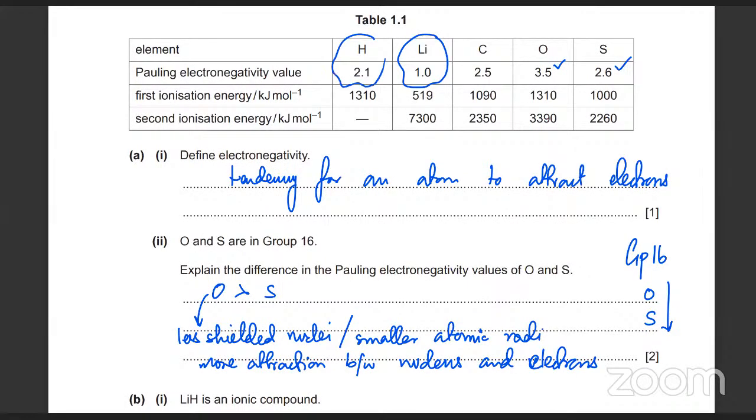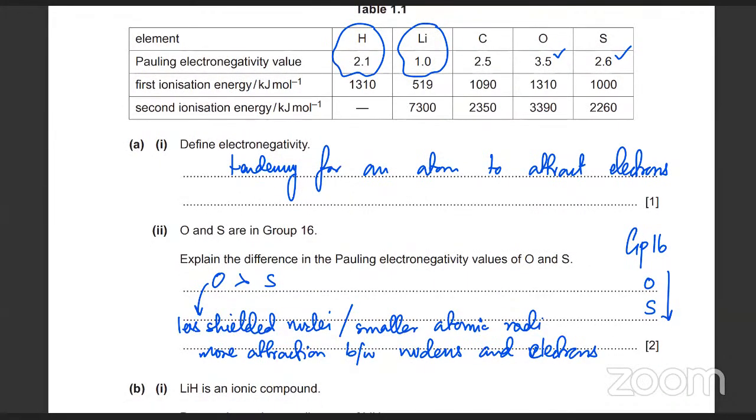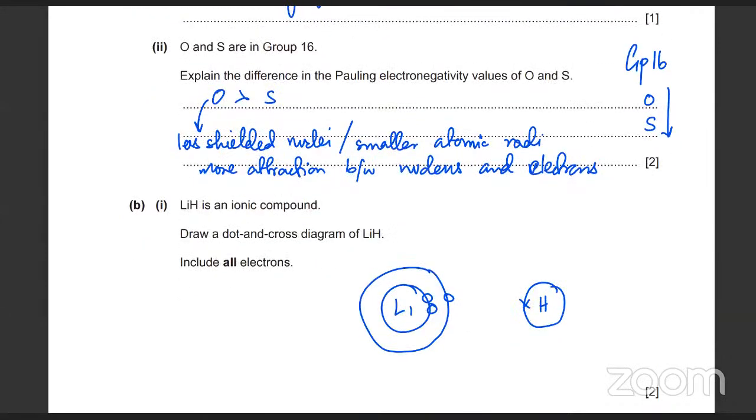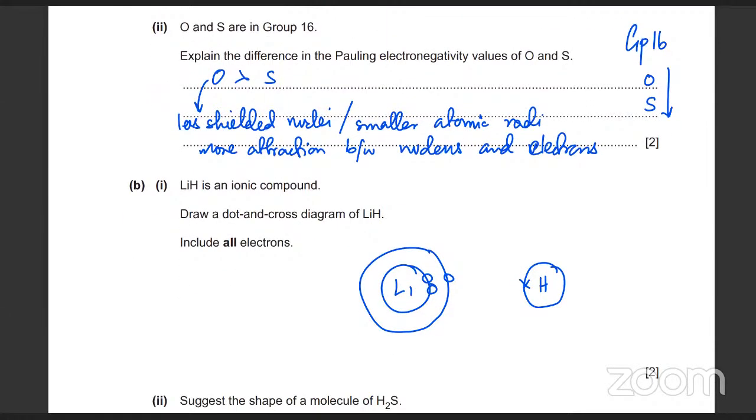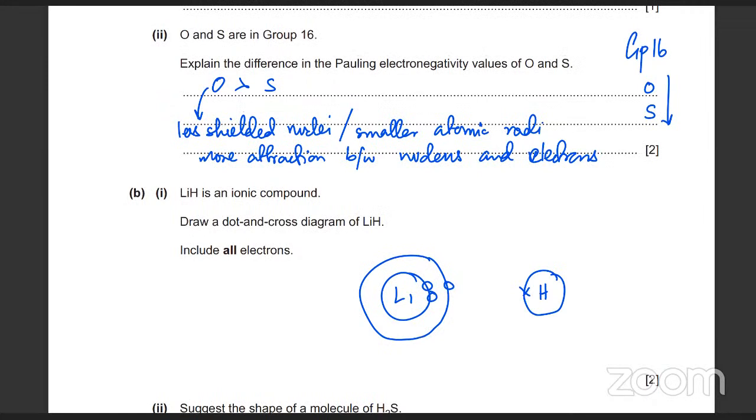H is way more electronegative compared to that. So he's already told you that it's an ionic compound. That means Li is the one that's going to lose the outer electron. Li will have a charge of +1 and H will gain an electron. So H is going to be -1.